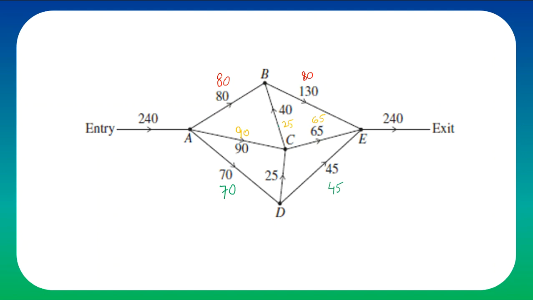The most C to B can take is another 15. So only 15 can go here. Which means that AD can only take 45 plus 15, 60. So we need to change that. So let's erase this bit and let's change it back to 60.